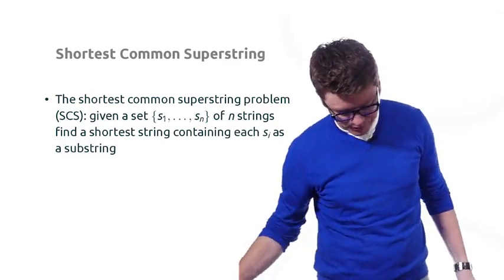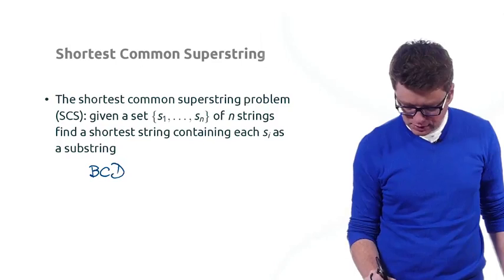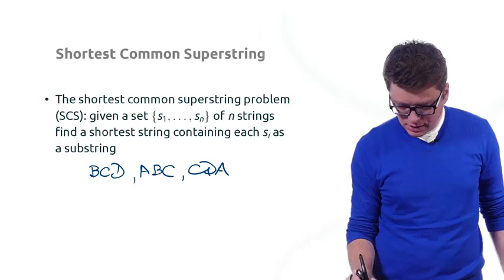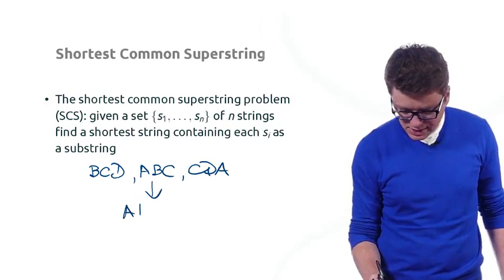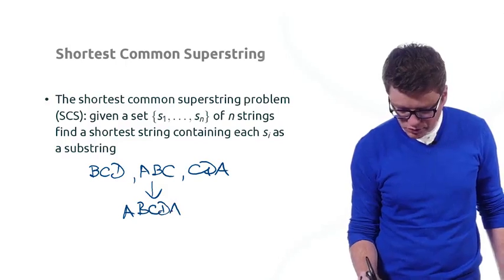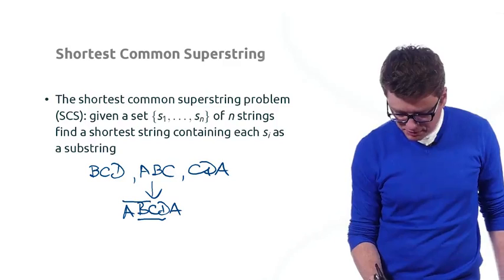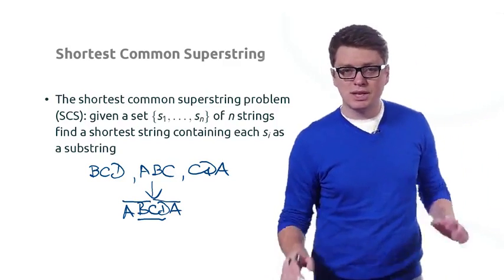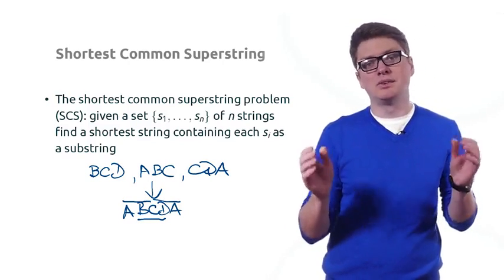For example, if we have input strings like BCD, ABC, and CDA, then the shortest common superstring is ABCDA. Right? Indeed, BCD can be found here, ABC can be found here, and CDA can be found here. So this essentially allows us to compress these n strings into one.